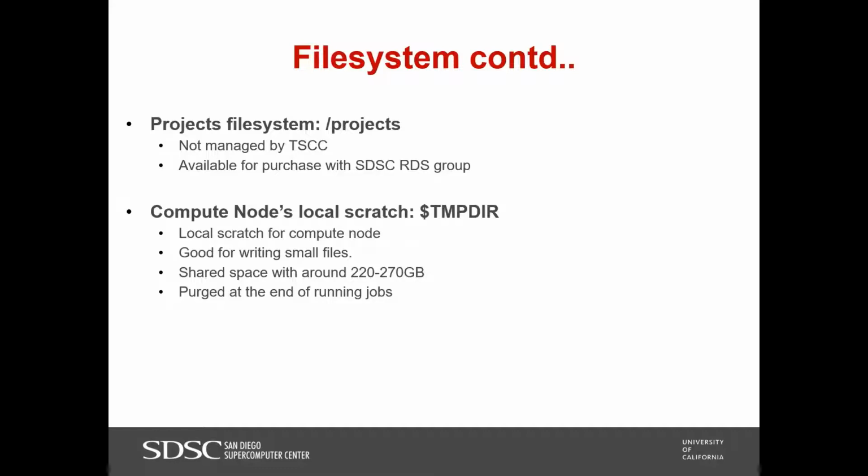On each compute node, there is a local scratch, and the environment variable to access that local scratch is $TMPDIR. That's a local scratch for the compute node, and it's good for writing small files.